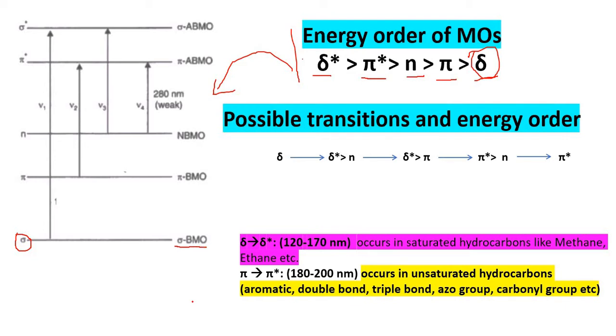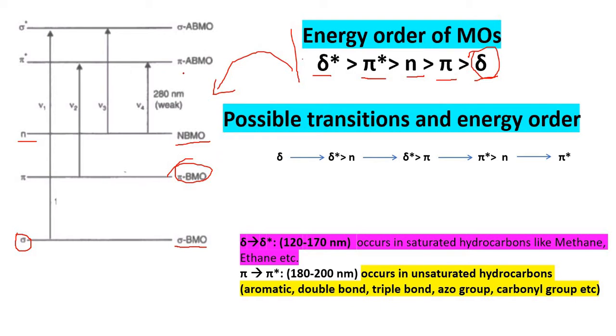orbital. While this has the lowest energy, the pi orbitals have a higher energy than the sigma orbital. Likewise, the non-bonding orbital is represented by n, or NBMO, non-bonding molecular orbital, and its energy is greater than the pi orbitals.